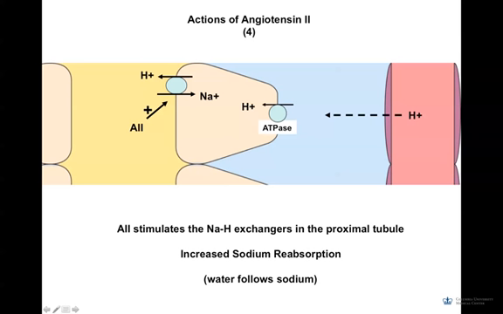So angiotensin II stimulates the reabsorption of sodium and the simultaneous secretion of hydrogen ions. Okay? And so in that way we get a net increase in sodium reabsorption directly. Okay, so angiotensin II is enhancing sodium reabsorption directly through this mechanism and indirectly through aldosterone. Keep that in mind.